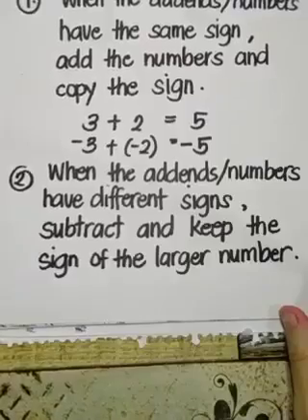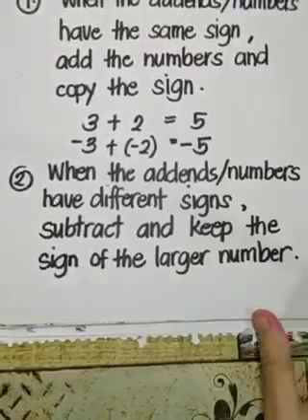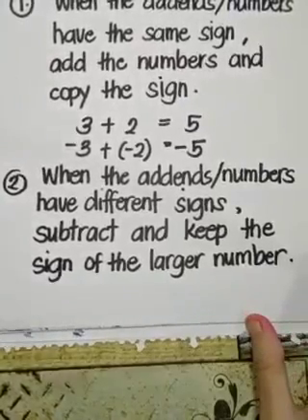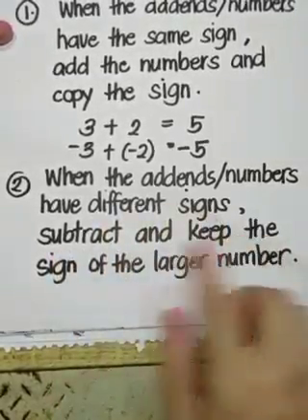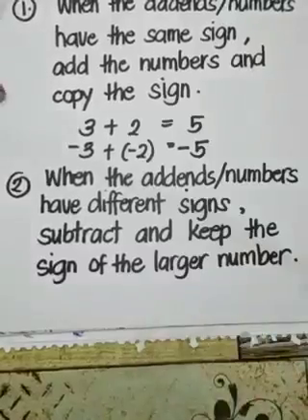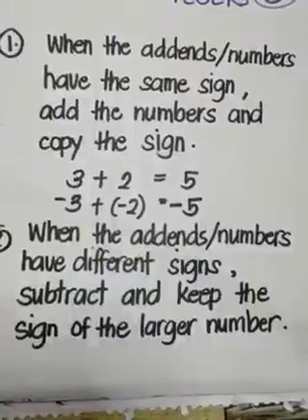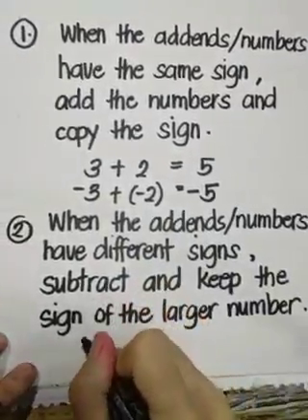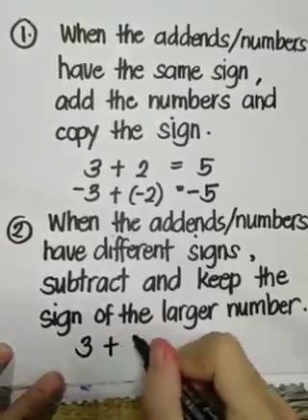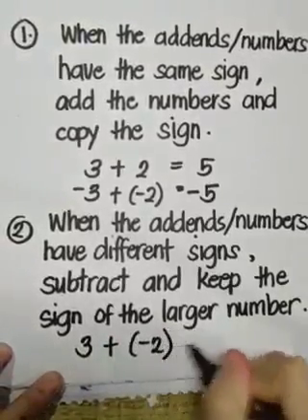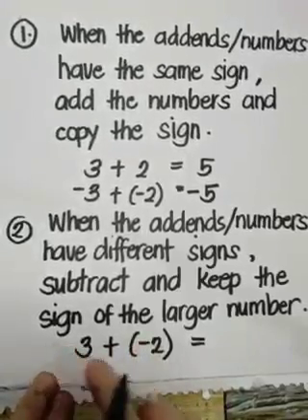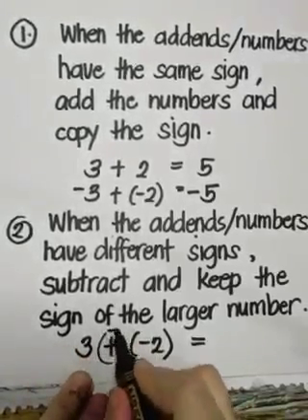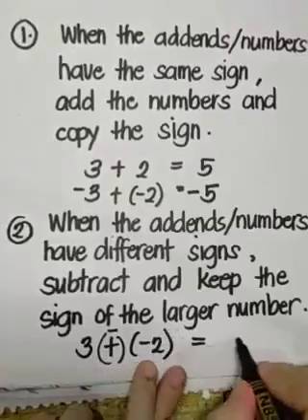For the second rule, when the addends or the numbers have different signs, we're going to subtract and keep the sign of the larger number. In the example I gave, we have positive 3 plus negative 2. Since they have different signs, we're going to subtract. 3 minus 2 is 1.